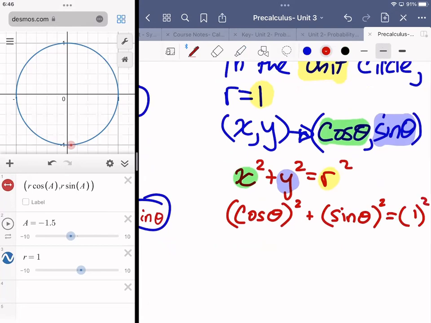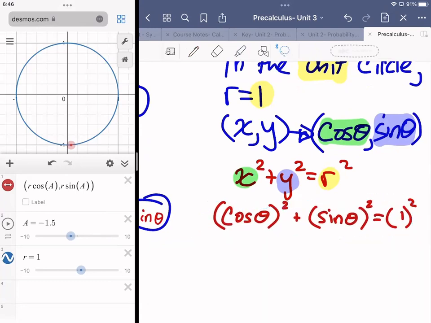So if we clean this up, notation-wise, it's kind of weird when it comes to trig functions. This is perfectly acceptable notation, but an alternate form of notation, when you raise a trig function to a power, is to write the power after the trig function itself. So to write cosine squared of theta plus sine squared of theta is equal to 1.